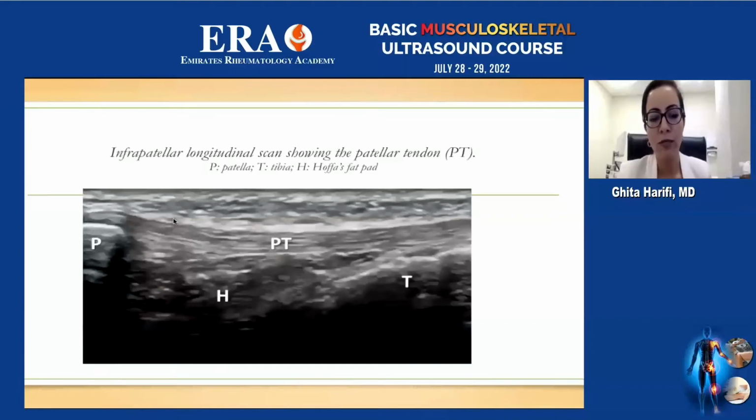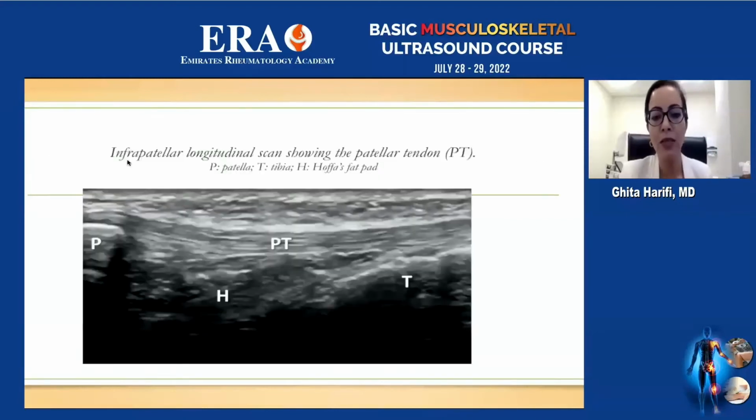So this is the infrapatellar longitudinal scan showing the patellar tendon with proximal and distal insertion on the tibia. In this area you would appreciate the Hoffa pad, but sometimes you might get some fluid in the bursa below the tendon or on top of the patellar tendon, defining a patellar bursitis, suprapatellar or infrapatellar bursitis.